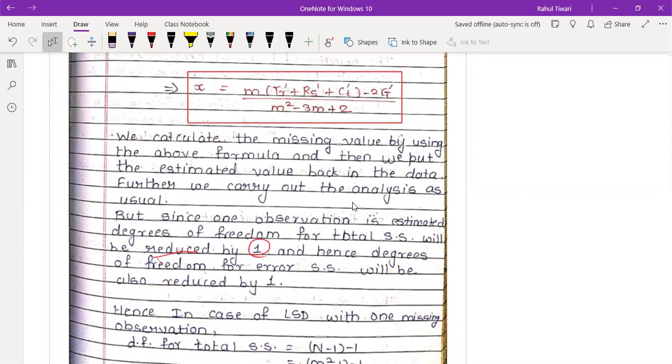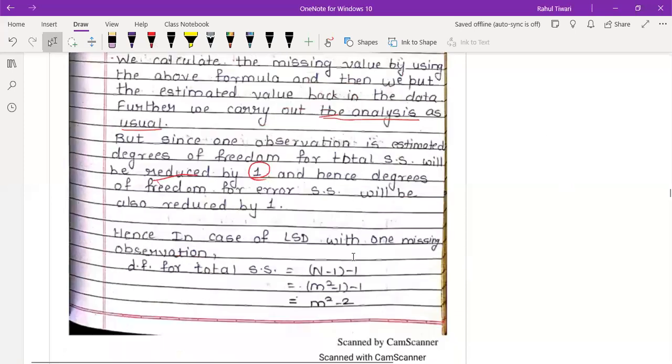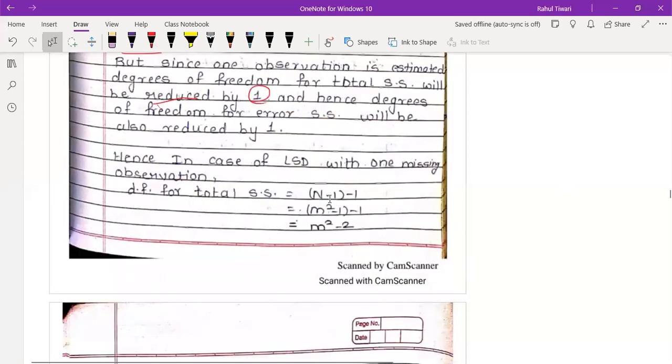Hence, degree of freedom will be changed everywhere by -1. पूरा analysis आपको same करना है as usual. Whole analysis you have to go in the same manner. So you can see there is n minus 1, so m square minus 1.